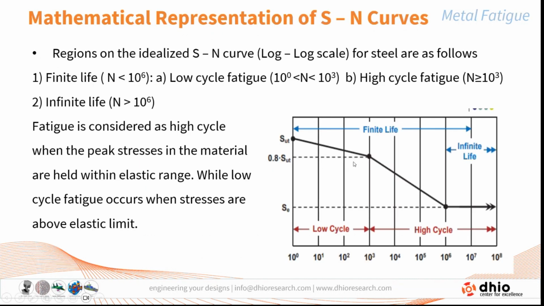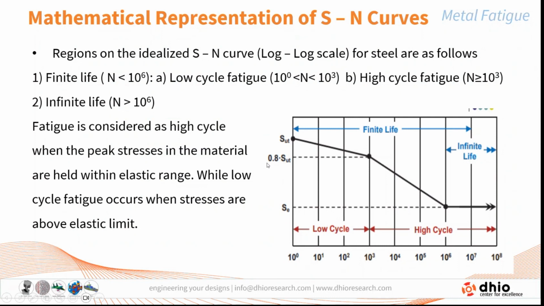So here you can observe that most of the metals subjected to fatigue loading are going to behave in this particular fashion. Initially, when it is subjected to the ultimate tensile strength and up to the yield stress, the material behaves in a systematic manner in which it has a specific slope.